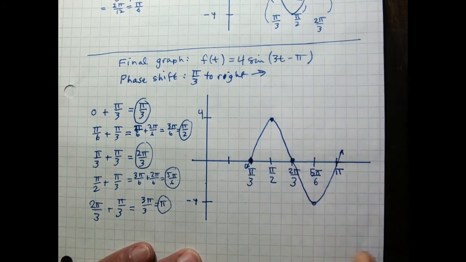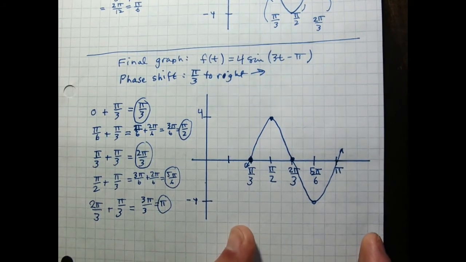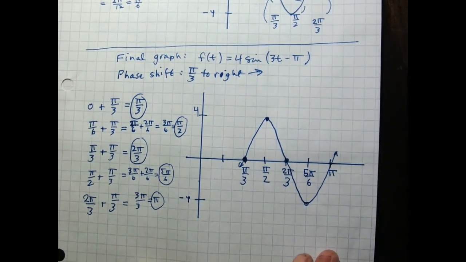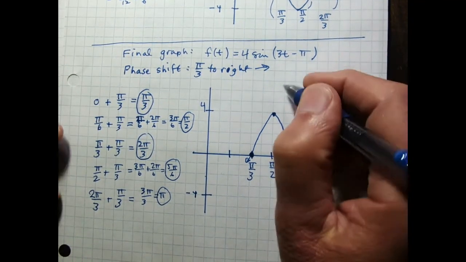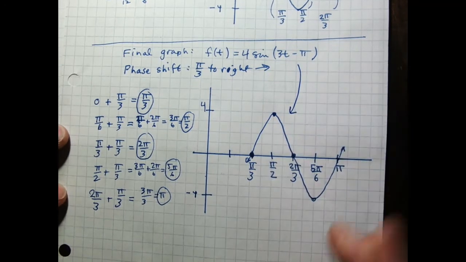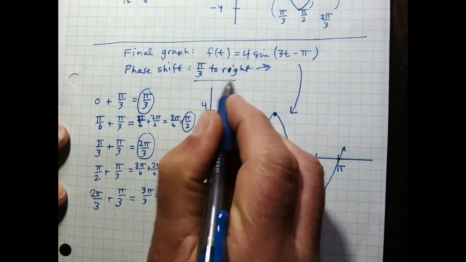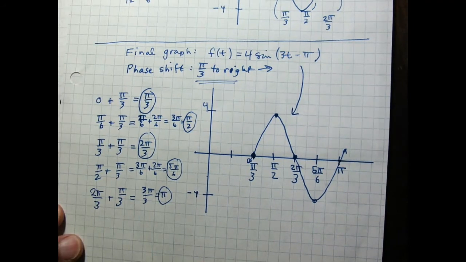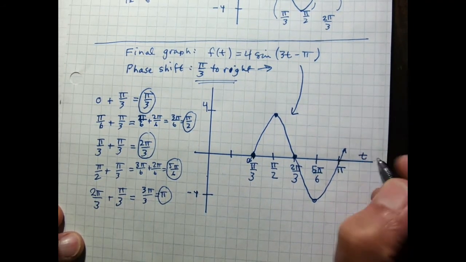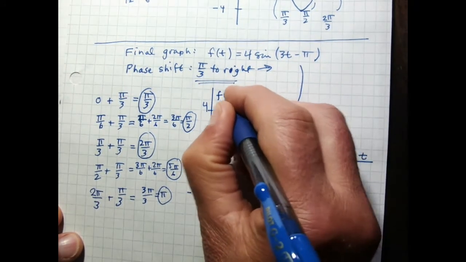All I have to draw is one period of my graph, and there it is. All right, so there's my final graph of this function with the phase shift built in. This is the t-axis, f of t here.